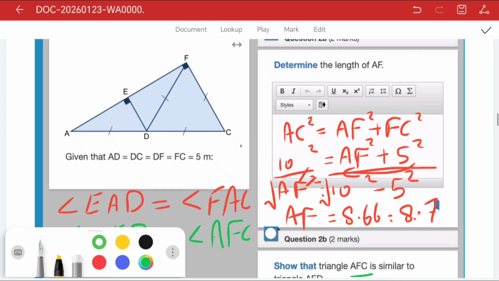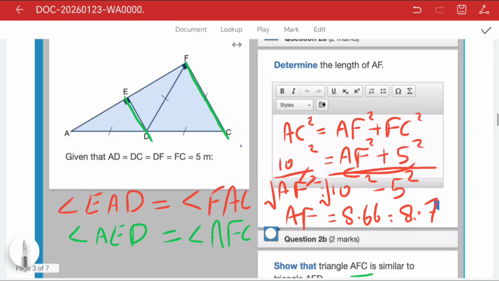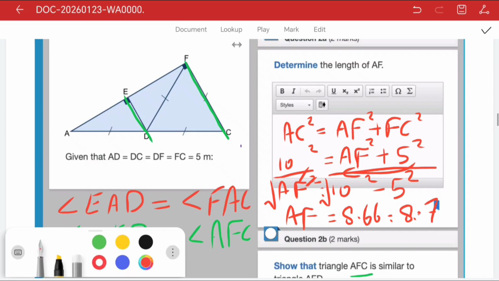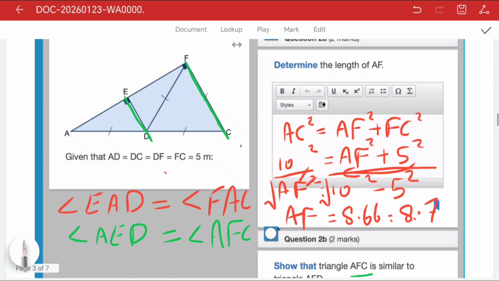Another thing, look here, this line is parallel to this line. So we can write line DE is parallel to FC.